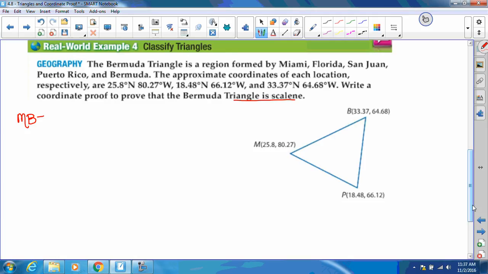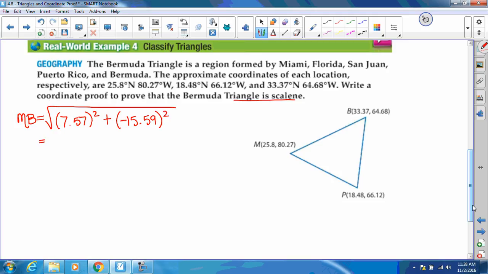So MB is equal to the square root of. Okay, so I'm going to do this on my calculator. 33.37 minus 25.8. That's 7.57 squared plus 64.68 minus 80.27. That's negative 15.59 squared.